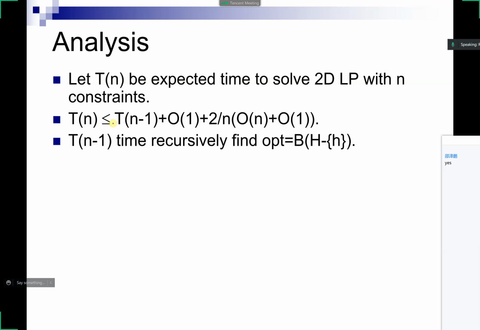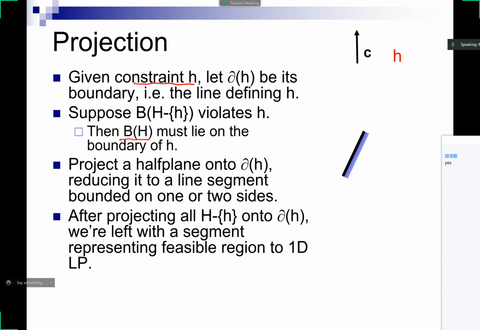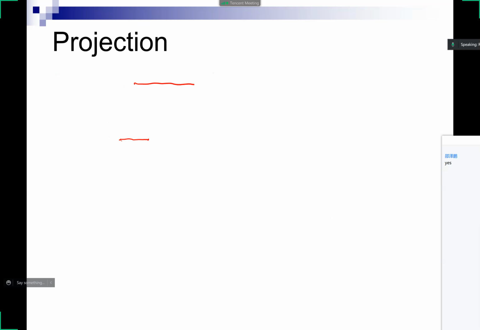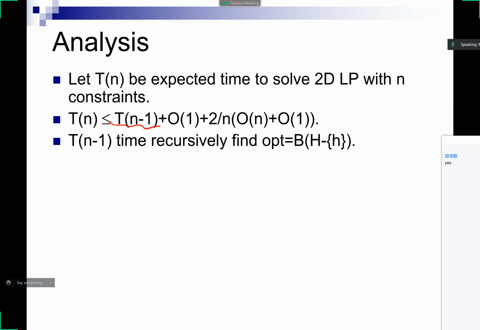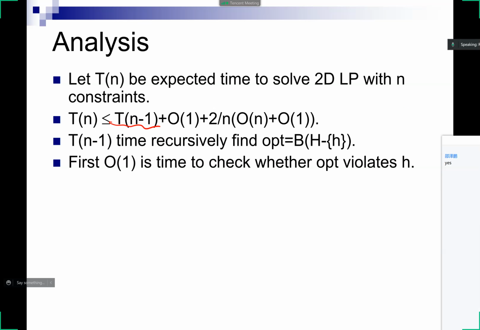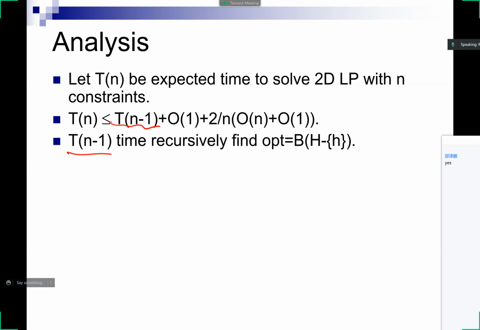First of all, this T of n minus 1 term. This is because the first thing that you do in the algorithm is recursively find the optimum of H minus little h. There are n minus 1 constraints over here, and so that recursion is going to take you T of n minus 1 time. That's the first term.